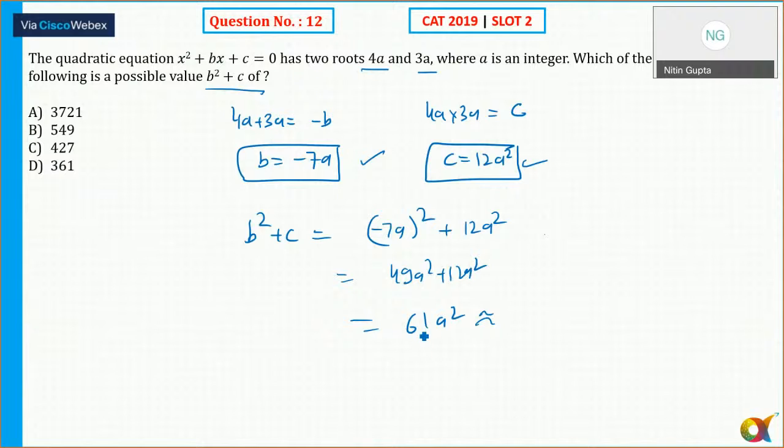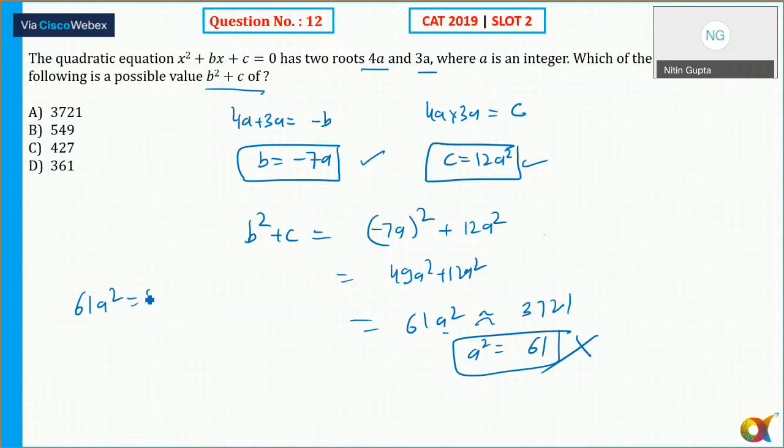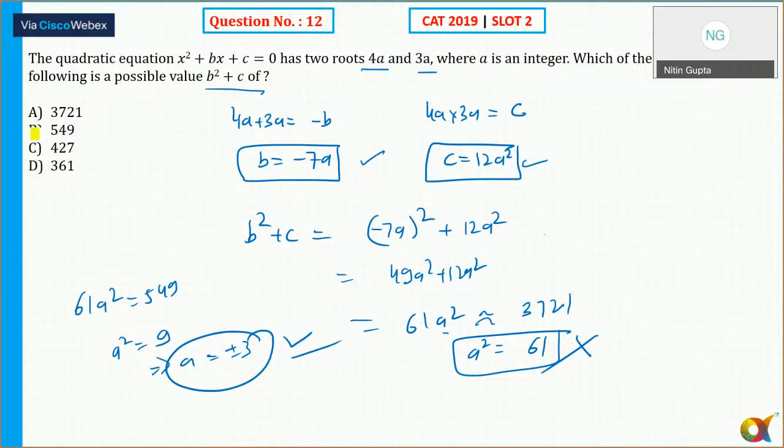So 61 into a perfect square is what it should be. So if I say the first option, that is 3721, from here I'll get a square equal to 61. But a square equal to 61 is not a perfect square. So the first option will be ruled out. Second, 61 times 9 is 549. So a square comes to 9. So the answer is option number B, 549.